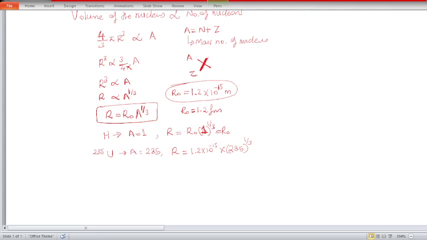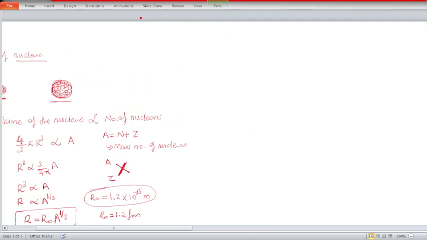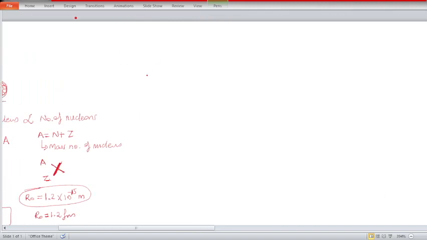Now talking about the density of the nucleus, let us assume we have a nucleus consisting of a number of nucleons like this.